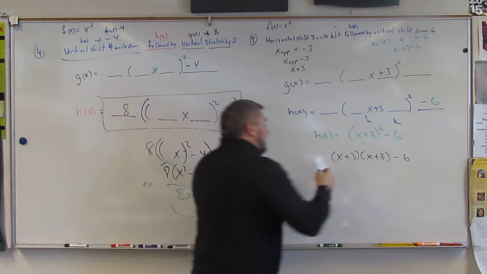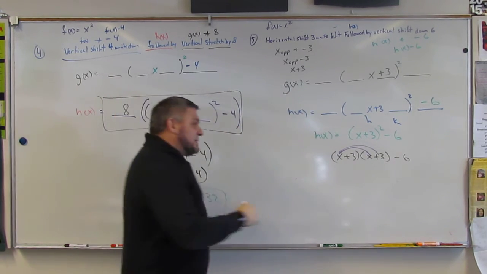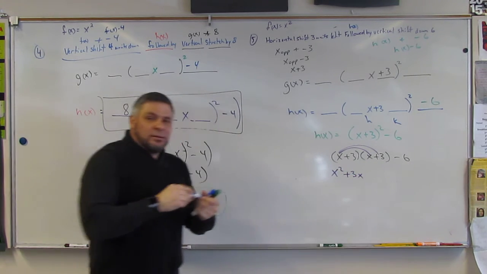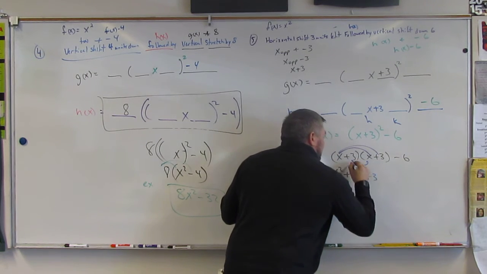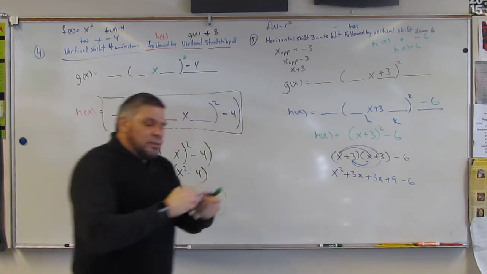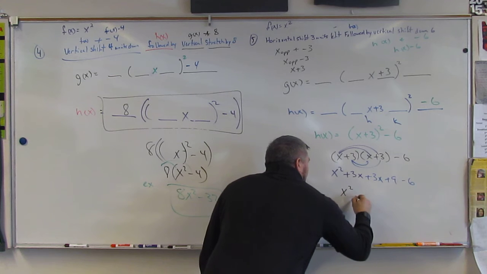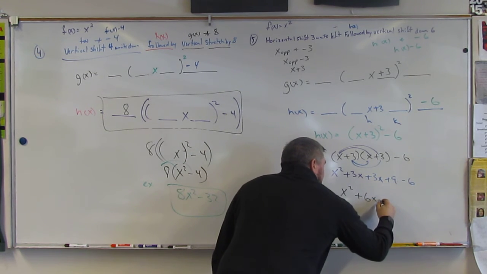So when you do that, you have to go, right? So that's x squared plus 3x. And then 3x plus 9 minus 6. And so what do you end up with? X squared plus 6x. What is 9 minus 6?